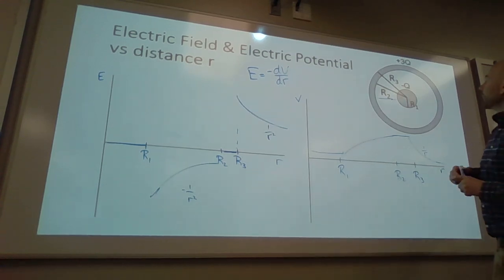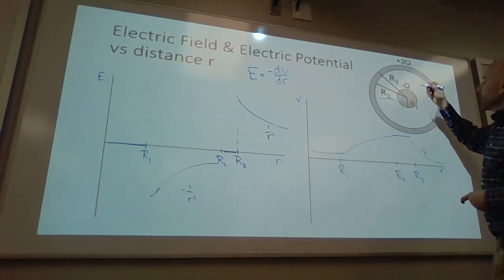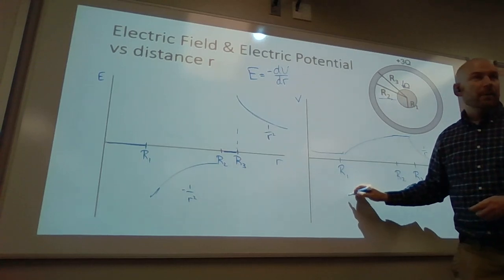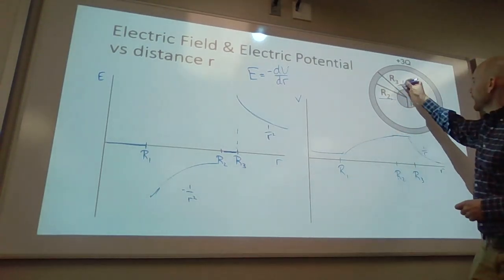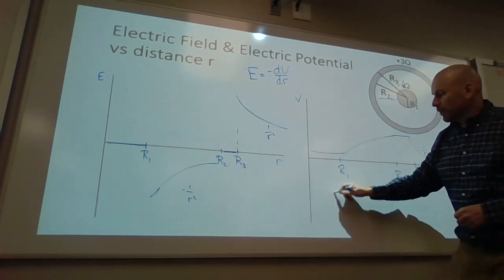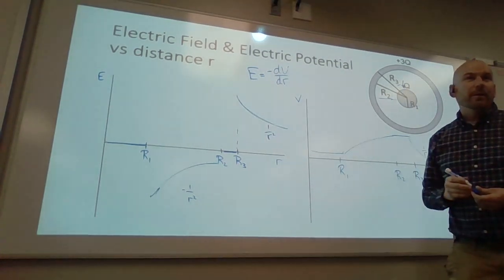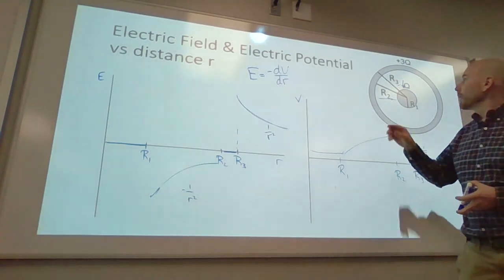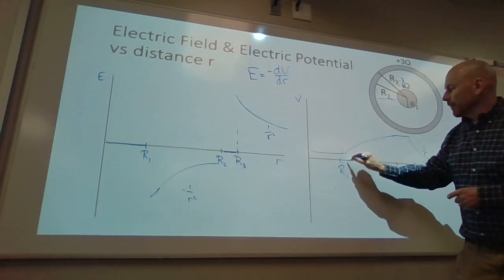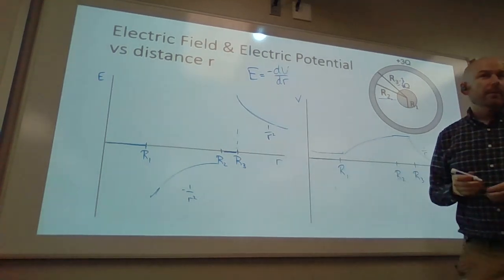If this was a -6 charge in here, this would go below that line. Or if this was -3, then it would end up back to 0 here.